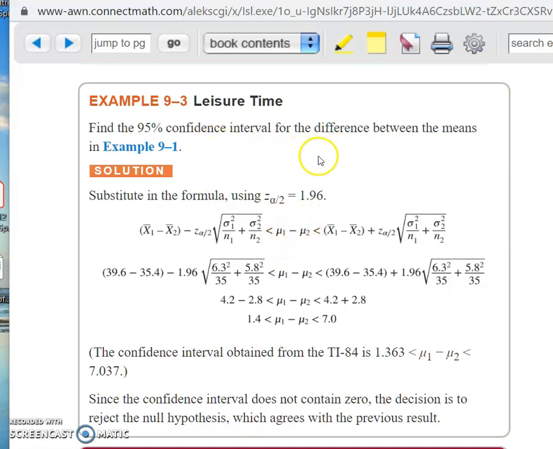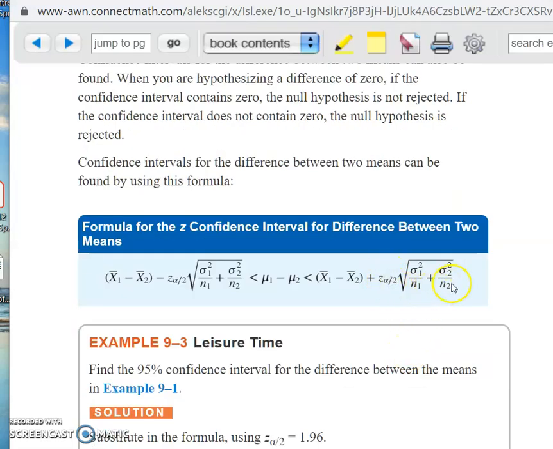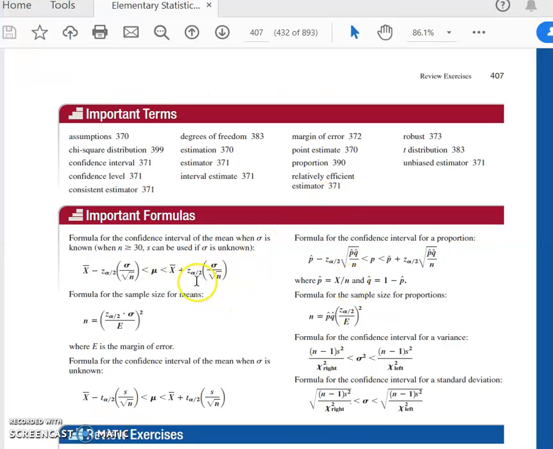So let's suppose for whatever reason you want to know what the 95% confidence interval is for the delta of the mu's. Well, it's relatively simple. It's just going to be the point estimate, which is the x bar 1 take away x bar 2, plus or minus the margin of error, just like we had before.